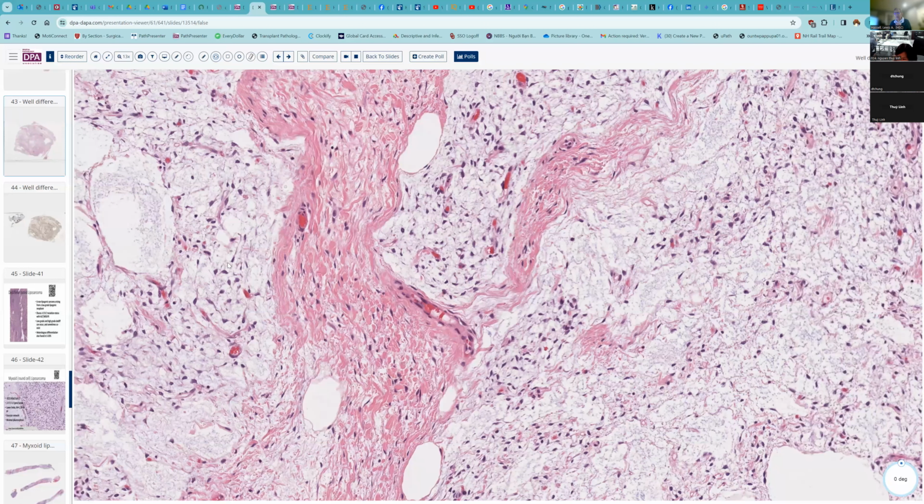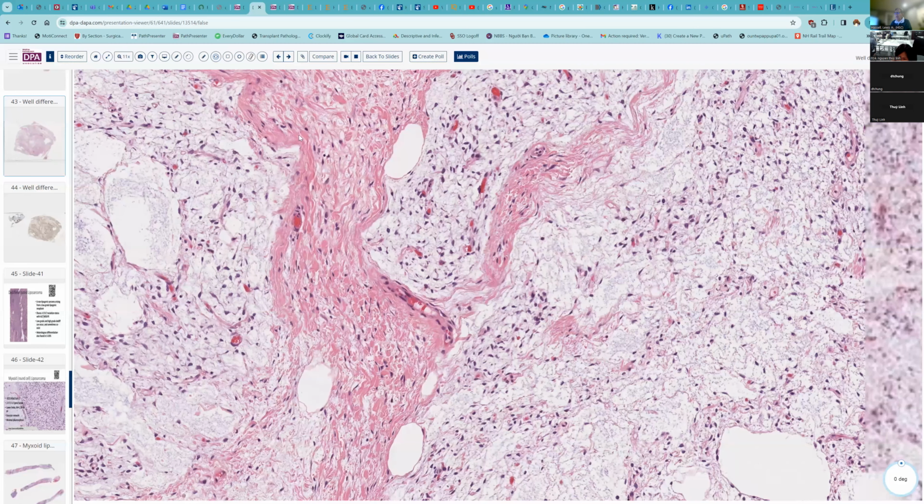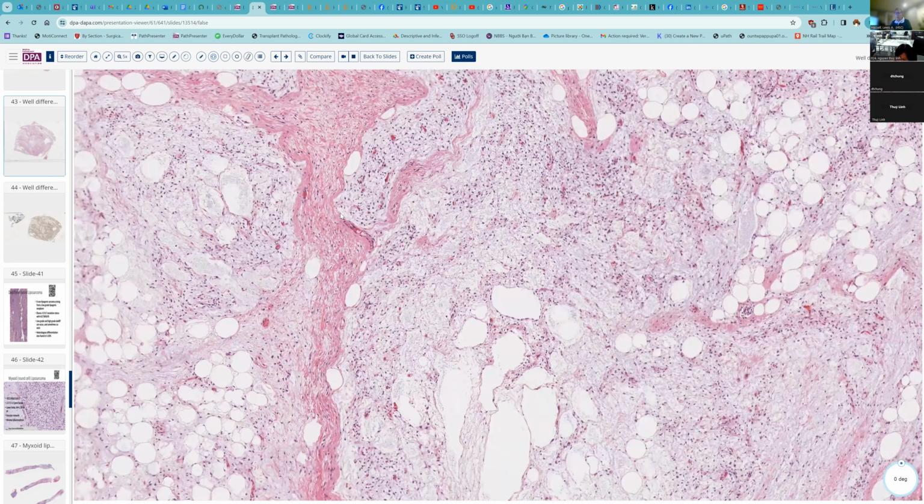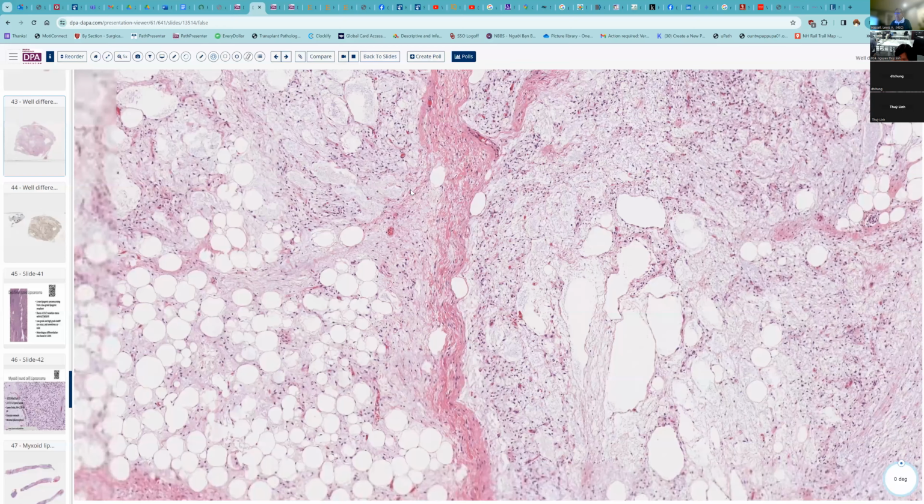In the retroperitoneum, you can immediately eliminate the myxoid liposarcoma. It just does not occur in that location. And anything that has any degree of atypia associated with a fatty tumor with these expanded stromal areas, even if it has myxoid change, is most likely to be a well-differentiated liposarcoma.